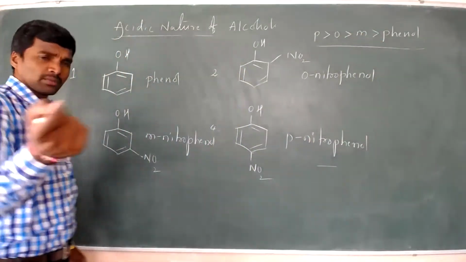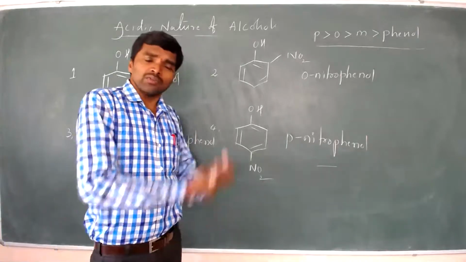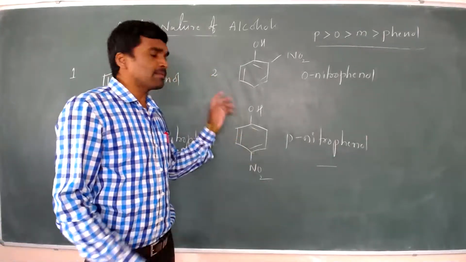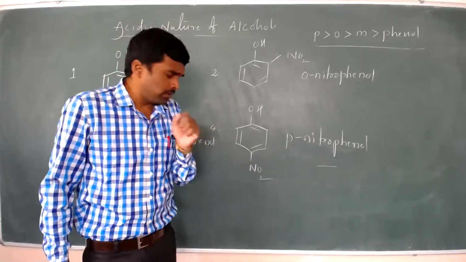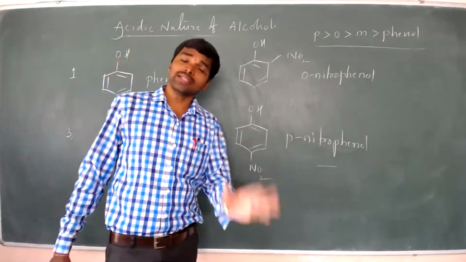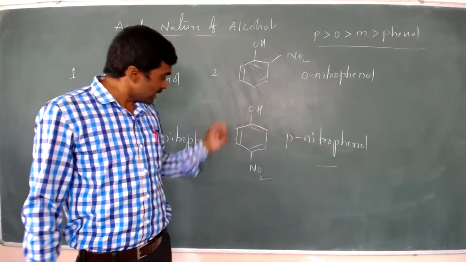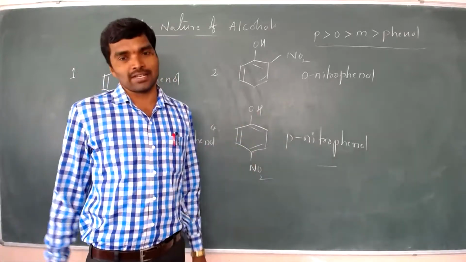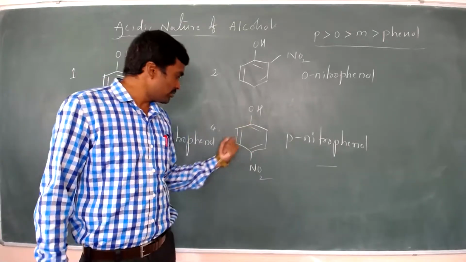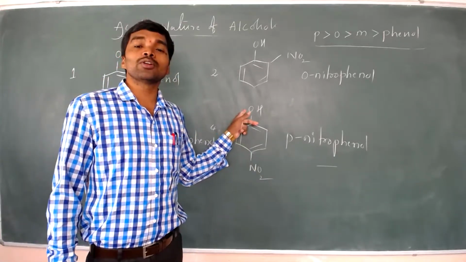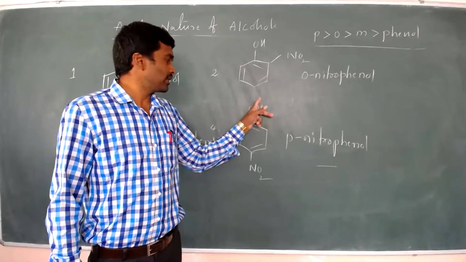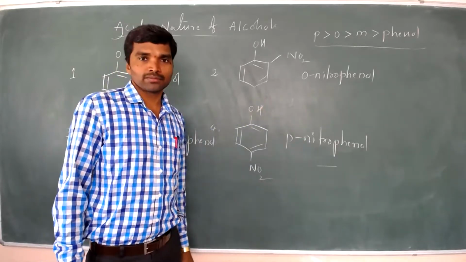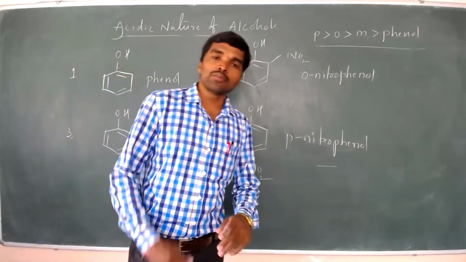One point to remember here: when electron withdrawing groups are present on benzene, acidic nature increases. Because the group withdraws electrons, the oxygen's electronegativity decreases, and automatically the hydrogen will be liberated, so it acts as more acidic.